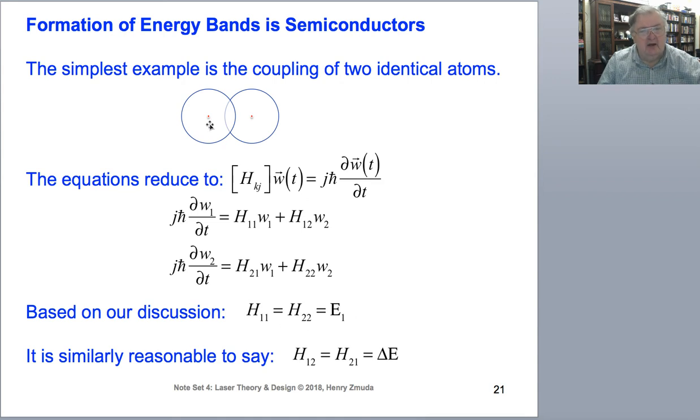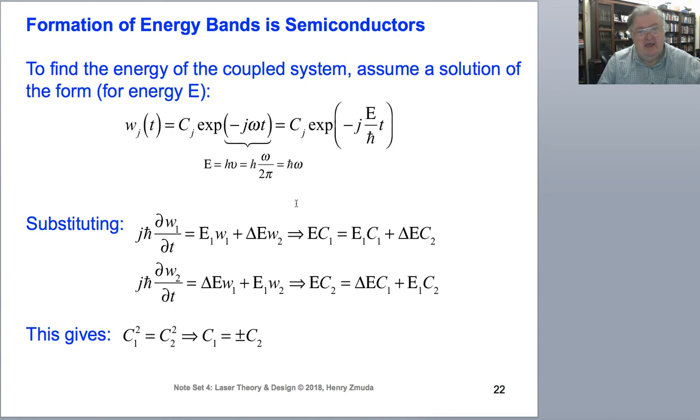Similarly, the way atom 2 interacts with atom 1 is the same as the way atom 1 interacts with atom 2. So it's reasonable to say that H12 equals H21, and I'll call that delta E, because it's an interaction strength. So to find the energy of the coupled system, I simply do what we've always done. I assume a plane wave, a constant, times e to the minus j omega t.